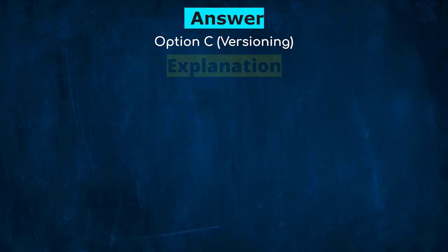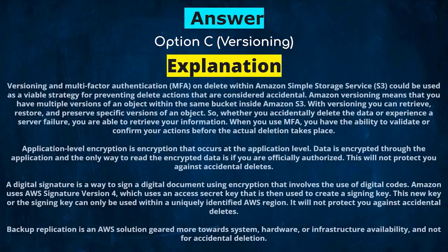Versioning. Explanation. Versioning and multi-factor authentication on delete within Amazon Simple Storage Service could be used as a viable strategy for preventing delete actions that are considered accidental. Amazon versioning means that you have multiple versions of an object within the same bucket inside Amazon S3. With versioning, you can retrieve, restore, preserve specific versions of an object.